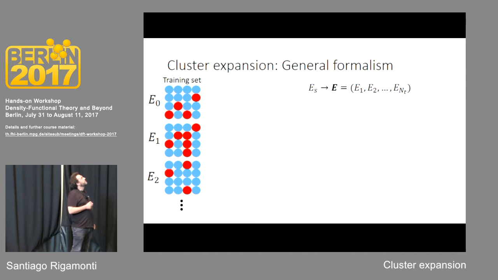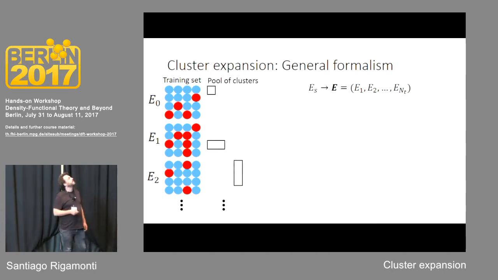Suppose you have this structure, you calculate the ab initio energy, you call it E0. Then you have a different structure with a different concentration and different arrangements, you call E1 and E2 and so on. Then with this set of energies, you build a vector, the energy of structure 1, structure 2, up to the number of structures. Yes, this is the size of the training set.